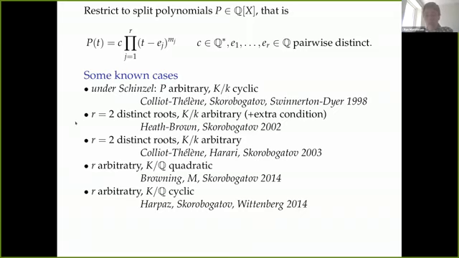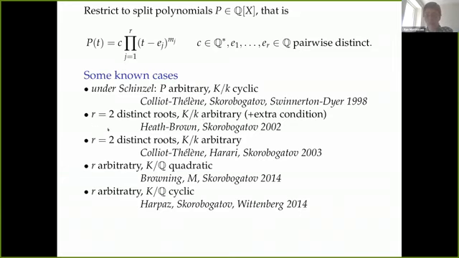Then Heath-Brown and Skorobogatov analyzed the case in which the polynomial has exactly two distinct roots. It's a polynomial defined over a number field little k, and this result works for arbitrary extensions of number fields.